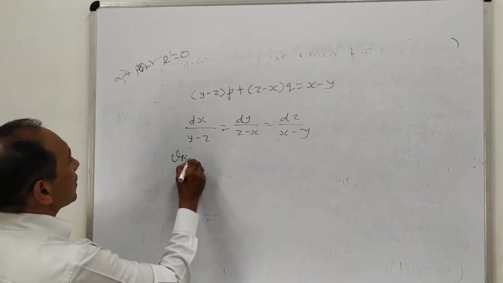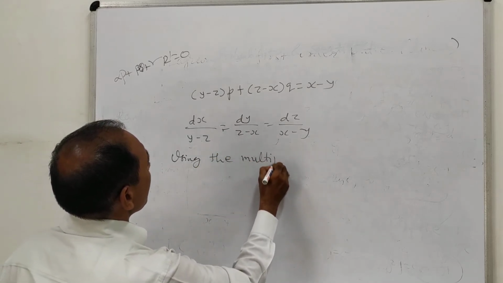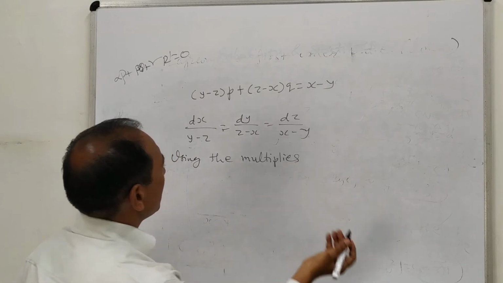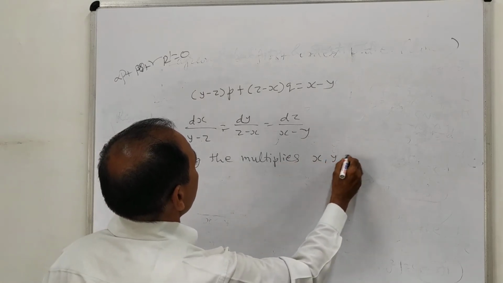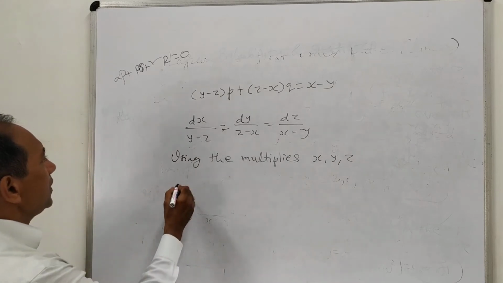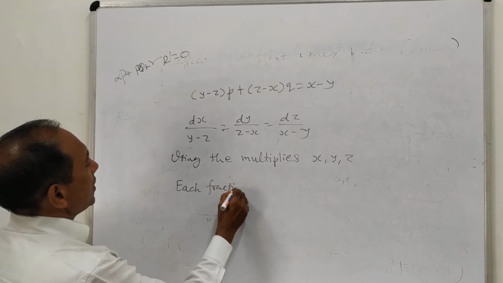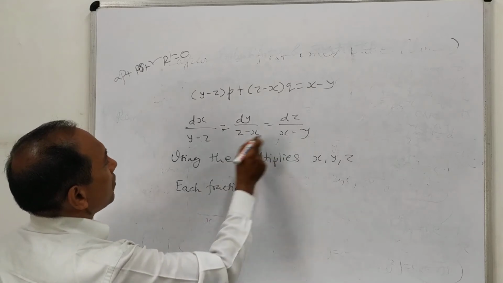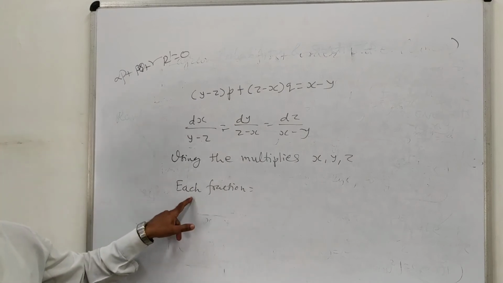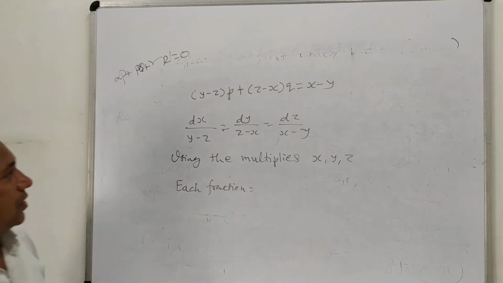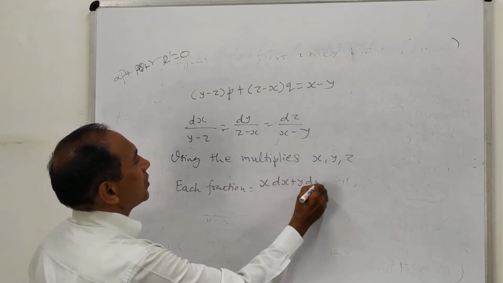Using the multipliers, I know them very well, but you can also identify them very easily within half a minute. If I use multipliers x, y, z, then each fraction equals x dx plus y dy plus z dz.